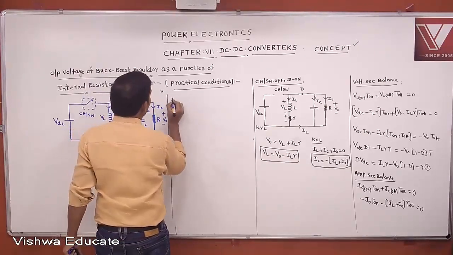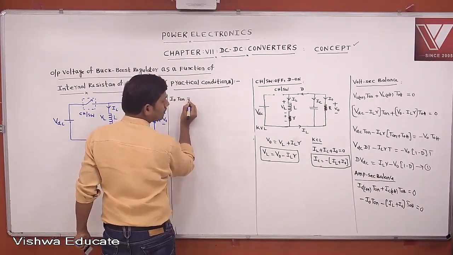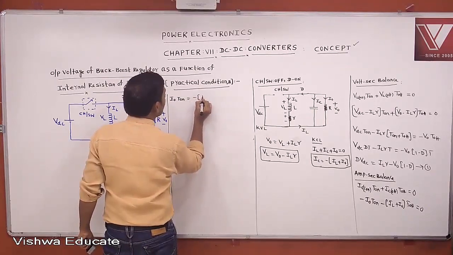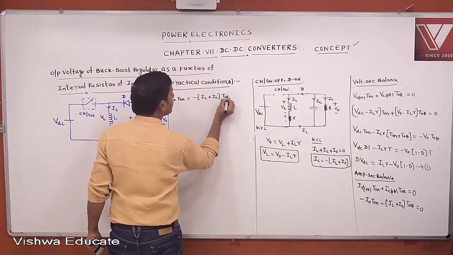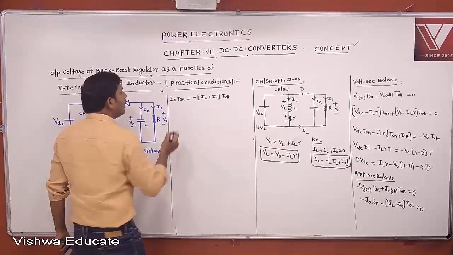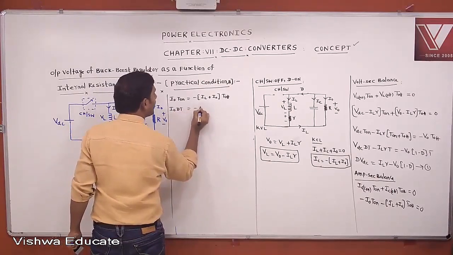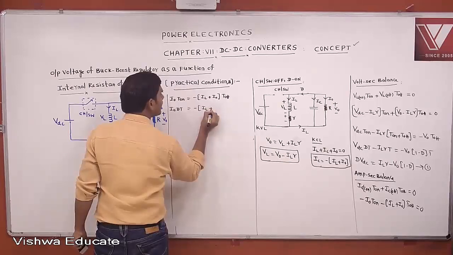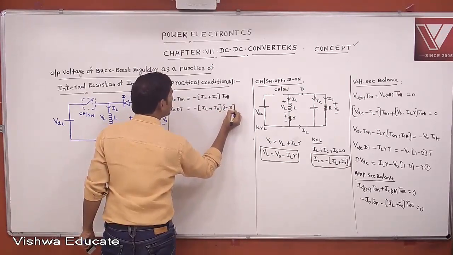Then I naught into T on is equal to minus of IL plus I naught into T off. What is T on? You write DT, minus of IL plus I naught into, what is T off you write? 1 minus D into T.